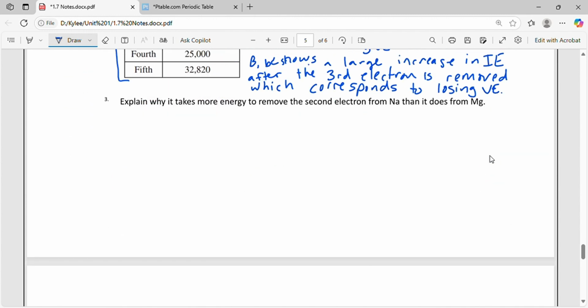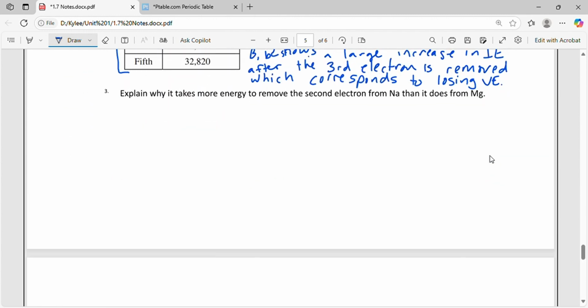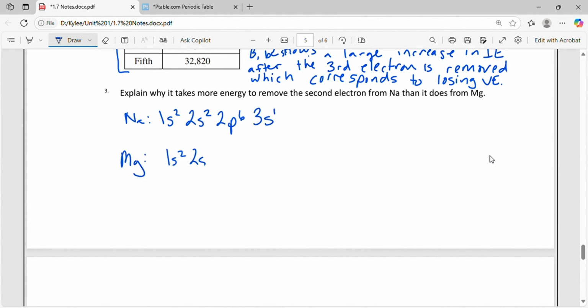All right. Next, I have explain why it takes more energy to remove the second electron from sodium than it does from magnesium. Again, we can take a look at our electron configurations. For sodium, my electron configuration would be 2s2, 2p6, and 3s1. For magnesium, it would be 2s2, 2p6, but then 3s2.